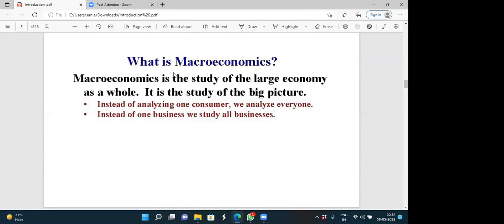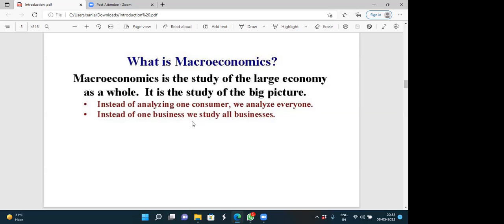Great. Now, this is a general question. You don't need to write it up, but just have a look. Macroeconomics is the study of the large economy as a whole. It is the study of the big picture. Instead of analyzing one consumer, what Mariam wants to eat or what Muhammad wants to eat, we analyze what everyone wants to eat. It's not about the individual.